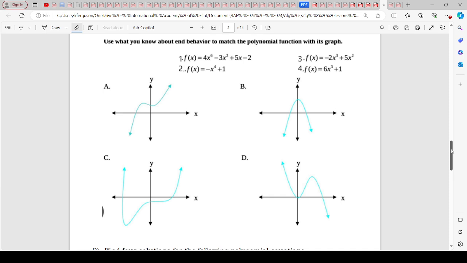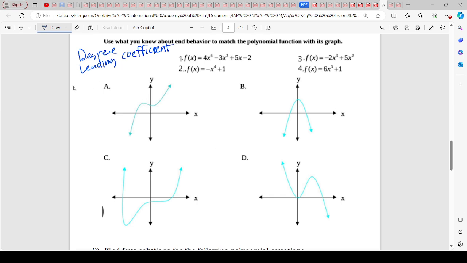Well, if you remember this little sheet or things like it, we know that we look at the degree and we look at the leading coefficient. The degree and the leading coefficient.